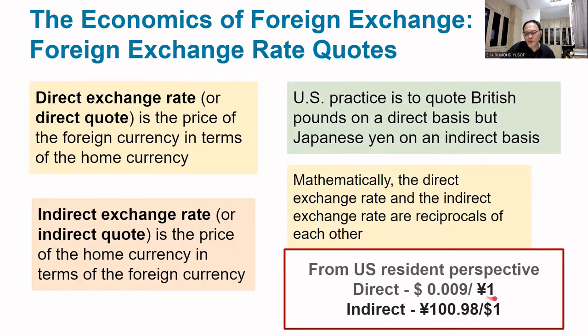But 1 yen is too small, so it's very difficult to understand. So the indirect quote is 110 yen for $1. I think today it is 130 or 120 yen per $1.